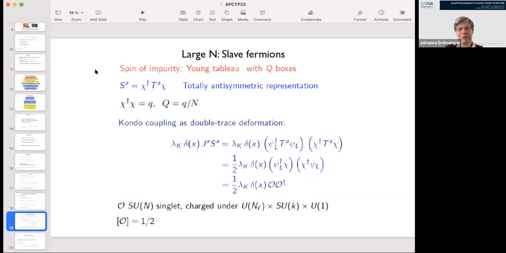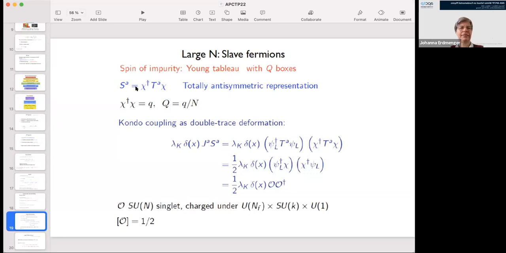And so what can be done in this case, which is not really possible if N is finite, is that we take this impurity spin operator and we write it as bilinear in the so-called slave or auxiliary fermions. Okay, and then this matrix, so this used to be the Pauli matrix before, but now we take a much more complicated matrix of a representation of SU(N), which is a totally antisymmetric representation.